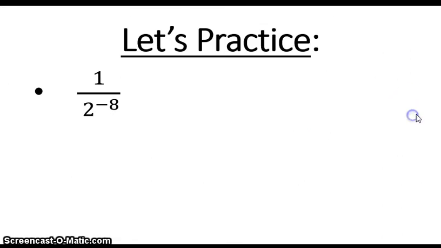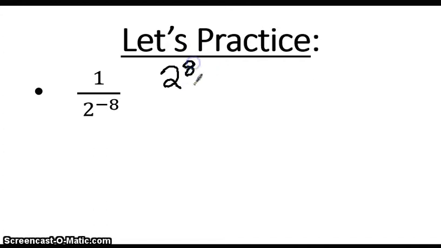Let's practice. Let's say we have 1 over 2 to the negative 8 power. Here we have a negative exponent in the denominator. Since we have a negative exponent in the denominator, we are going to have to move that base number and exponent to the numerator to make it a positive amount. So we'll have 2, and we will change the exponent to a positive.